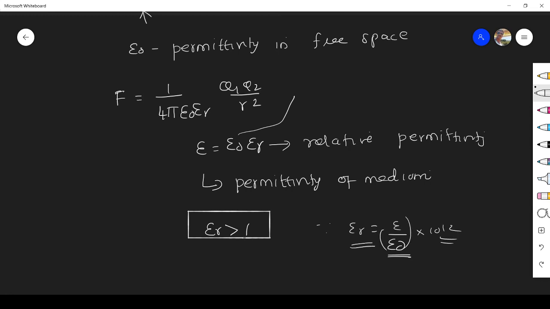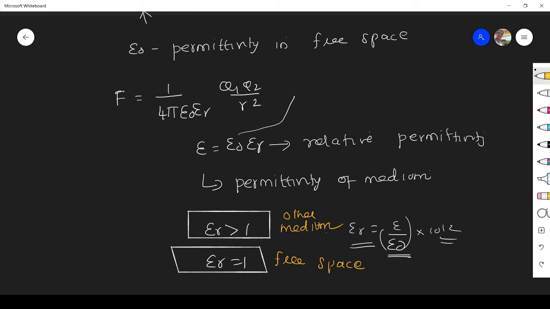For free space, epsilon r is equal to 1. Please remember, for any other medium, epsilon r is greater than 1.